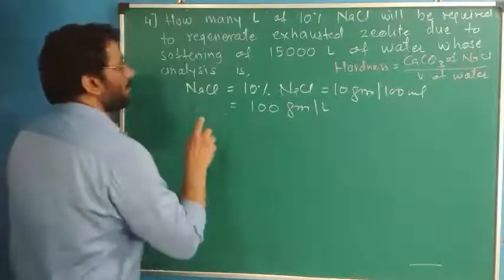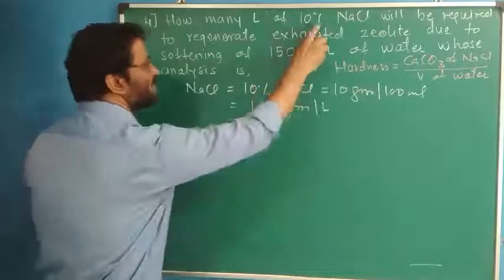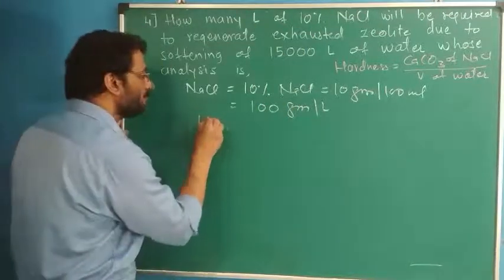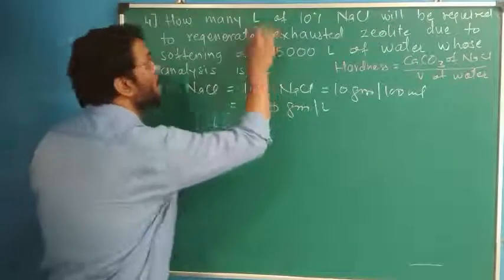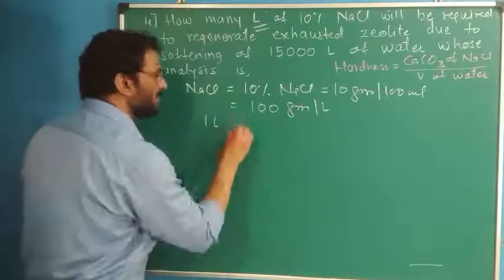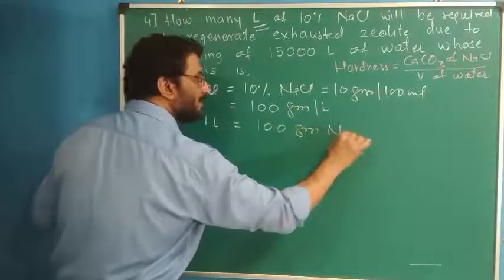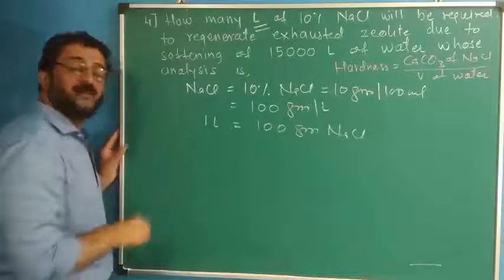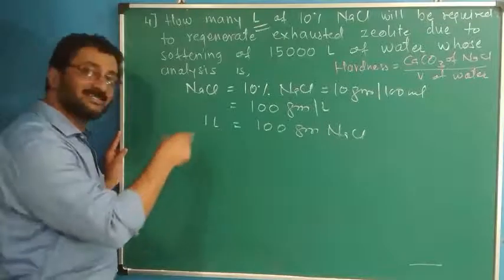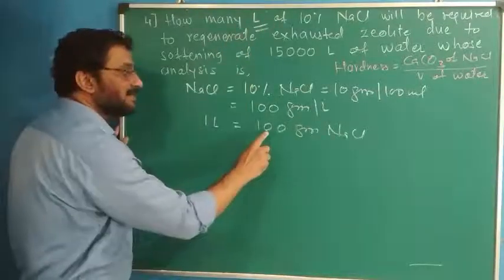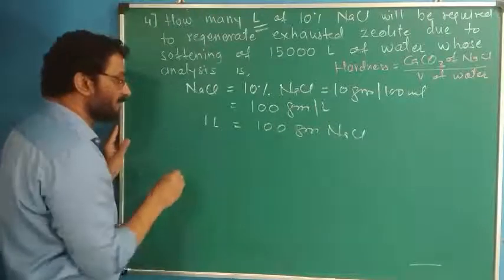So 10% NaCl means per liter of NaCl it has 100 gram, means that volume they have asked to find. So 1 liter NaCl corresponds to 100 grams of NaCl. Such NaCl we want to find out. We have been asked to find such NaCl. Its volume containing 100 gram per liter.